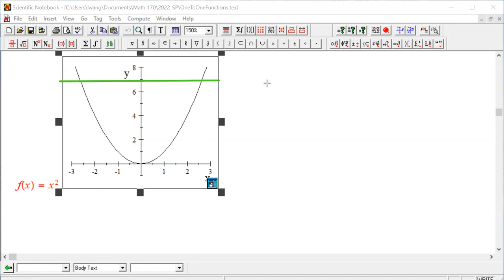It says for this output, the same output, there are two different inputs for it. There's an input here, and there's also an input on the other side.